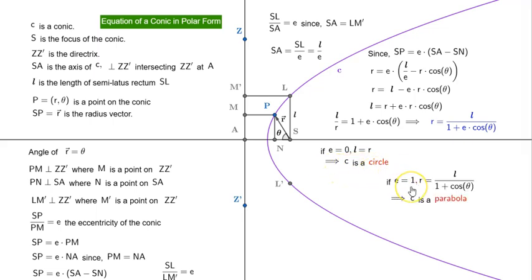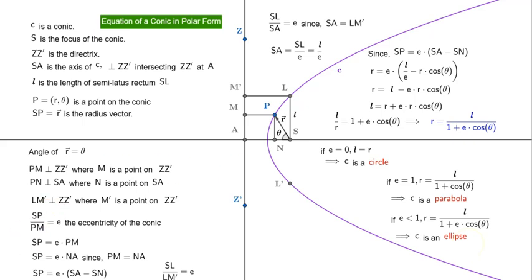If e is equal to 1, r is equal to l by (1 plus cos theta), which implies C is a parabola. Now, if e is less than 1, r is equal to l by (1 plus e cos theta) gives us an ellipse.